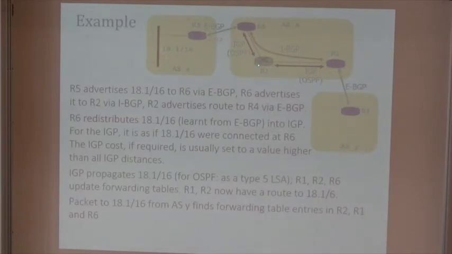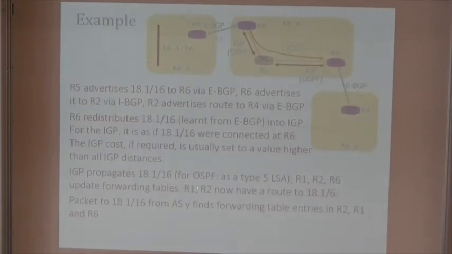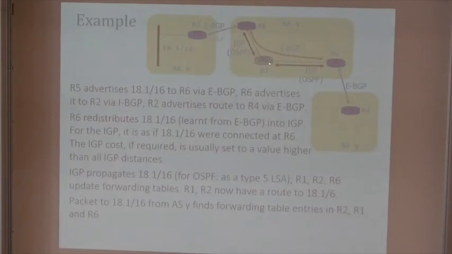So R1 and R2 now have a route, in their forwarding table entry, written by OSPF, there will be a way to go to this direction in order to reach 18.1 here. So any packet to destination 18.1 will find a way because the prefix 18.1 is now present in all routers, including R1 through OSPF and R2.